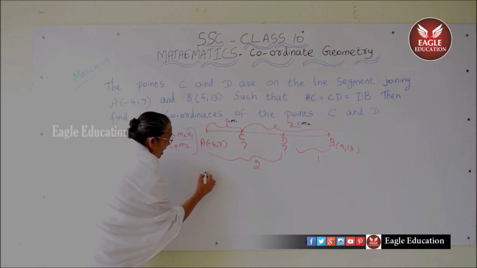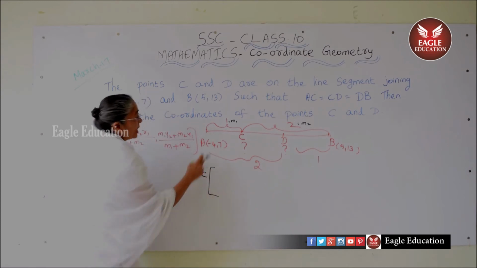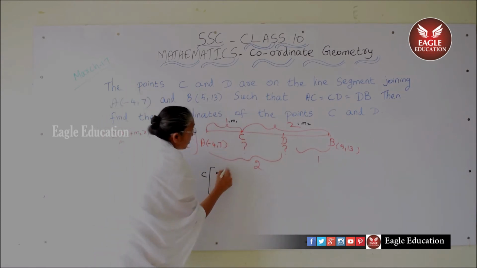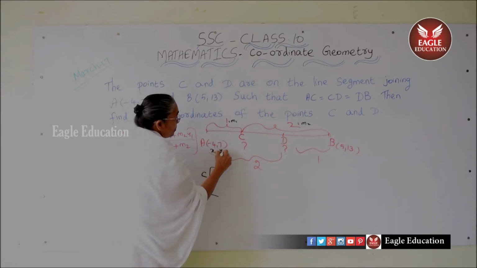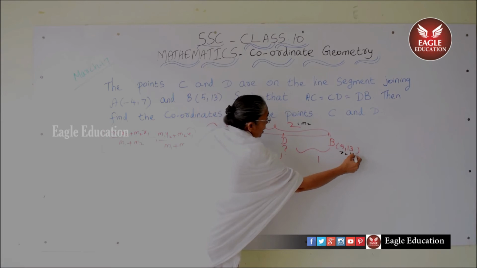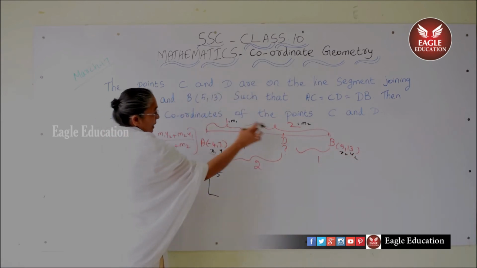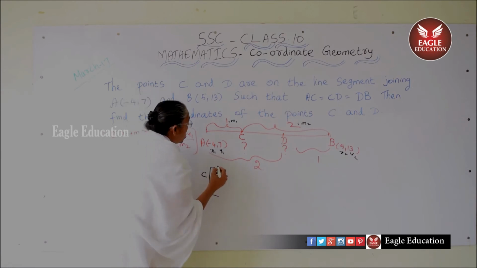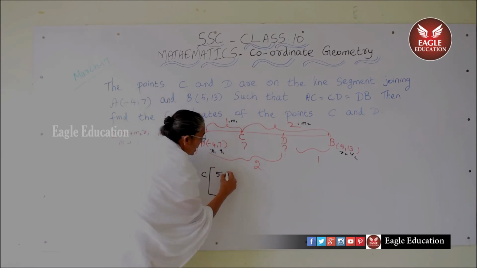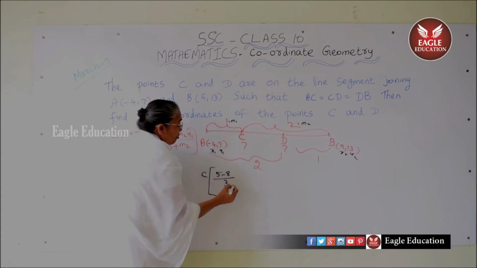So the coordinates of C are m1 x2, 1 times 5. Okay, let me write x1 y1, x2 y2. So 1 times 5 plus m2 x1, 2 times minus 4, which is minus 8, divided by m1 plus m2, 3.